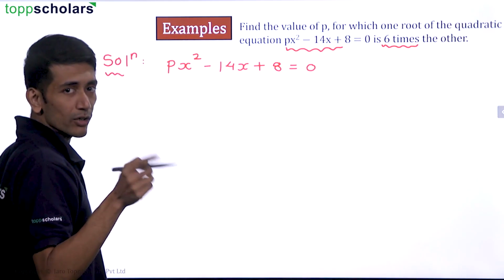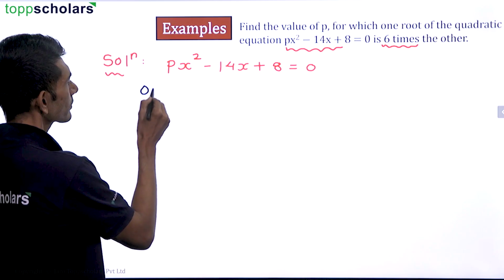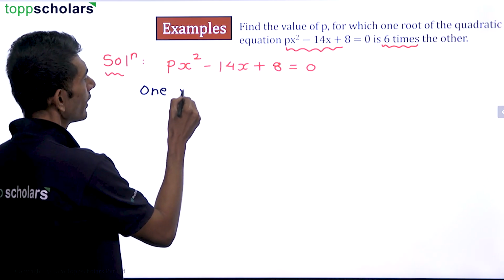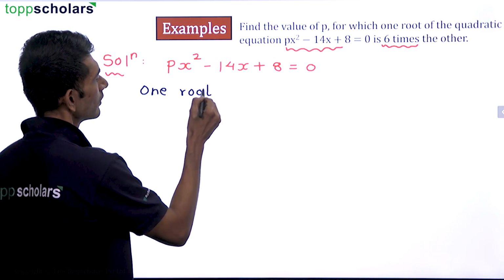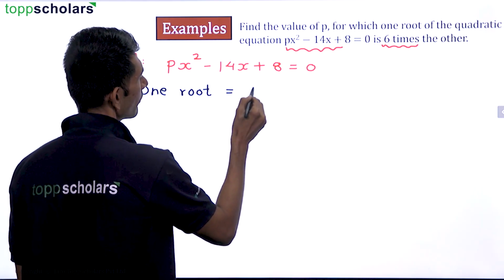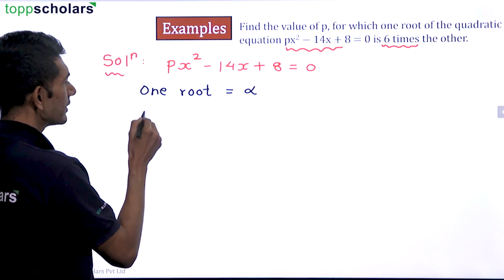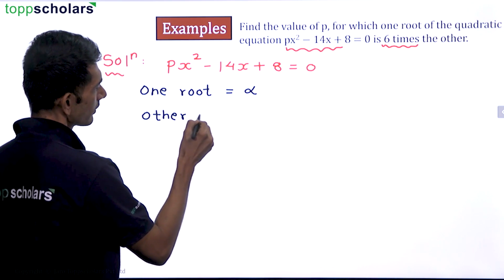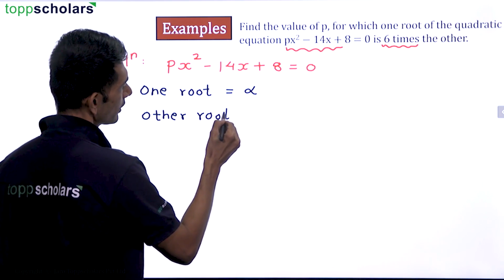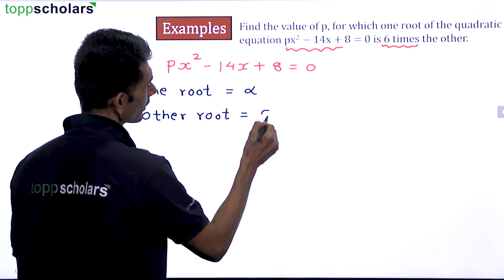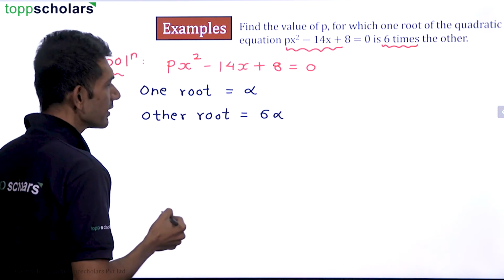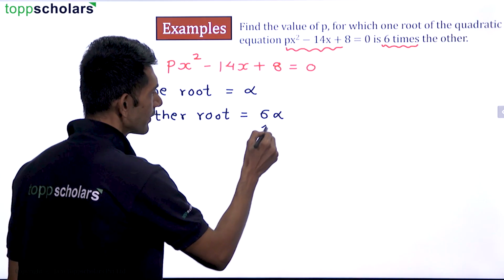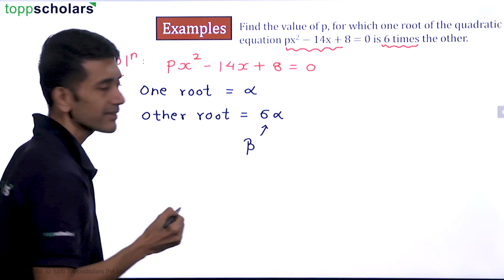If I consider one of the roots as alpha, the other root is going to be 6 alpha, right? So basically our beta is nothing but 6 alpha.